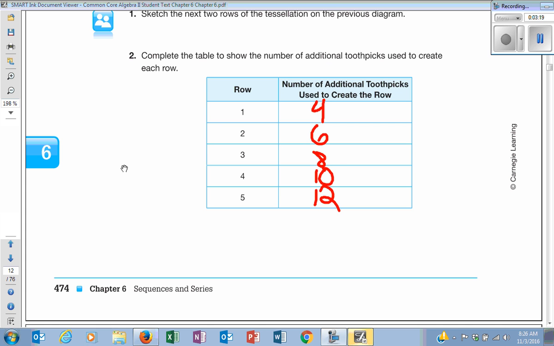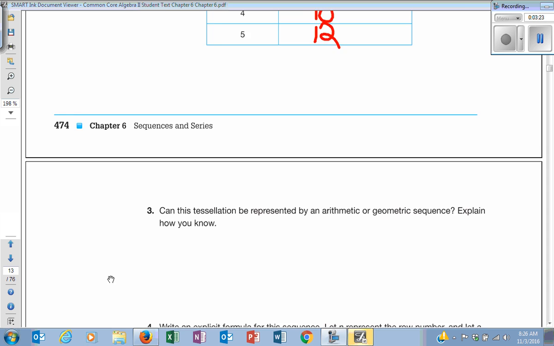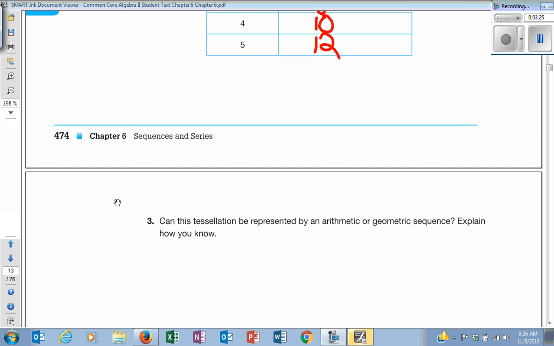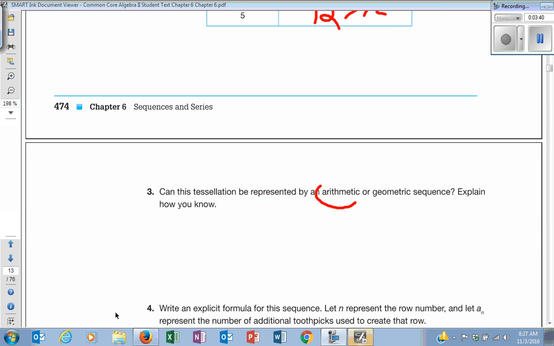The next question they ask us: can this tessellation be represented by an arithmetic or a geometric sequence? Explain how you know. Plus 2, plus 2, plus 2, plus 2. Is this arithmetic, geometric, or neither? It is arithmetic because I'm adding 2 every single time.